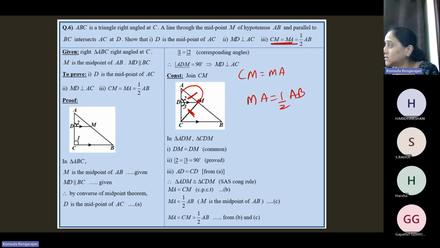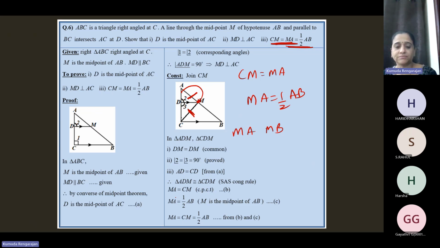So MA is equal to half of AB because M is the midpoint and the two halves are MA and MB. So each of these will be equal to half of AB. MA is half AB and MB is also half AB because M is the midpoint. So this is true, no? And because MA is equal to CM, CM is also equal to half AB.